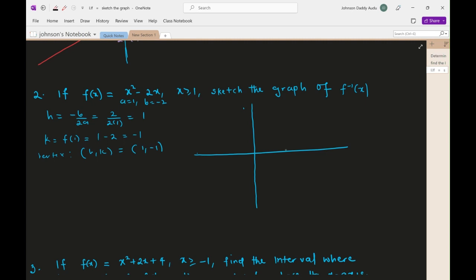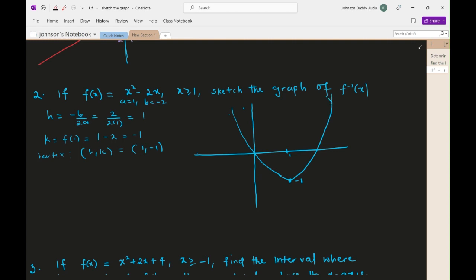So 1 and minus 1, let's say this is 1, and let's say this is minus 1, and this is 1. So we're going to have something like this. What is the y-intercept? If x is 0, it definitely is going to pass through the origin, because that is where we have the y-intercept, right?